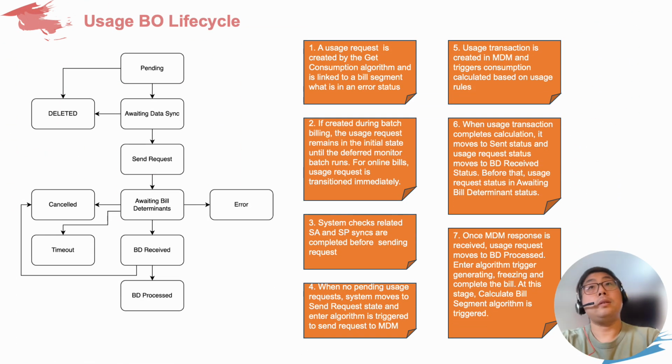Now, this is probably just a summary of what we have discussed in terms of the life cycle of the BO. On the left-hand side, I try to put down the status of the CCMB usage life cycle, but that reflects what happens on MDM.